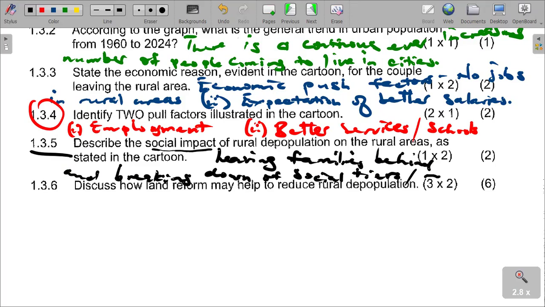We talk about relationships, breaking down of relationships between the families. That is a social problem that we have.